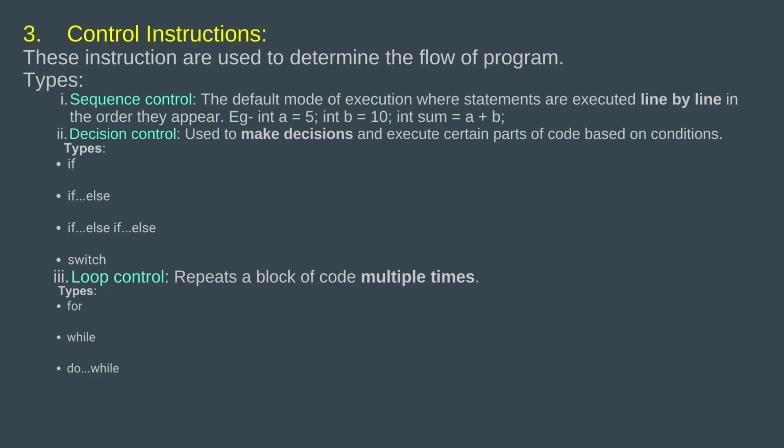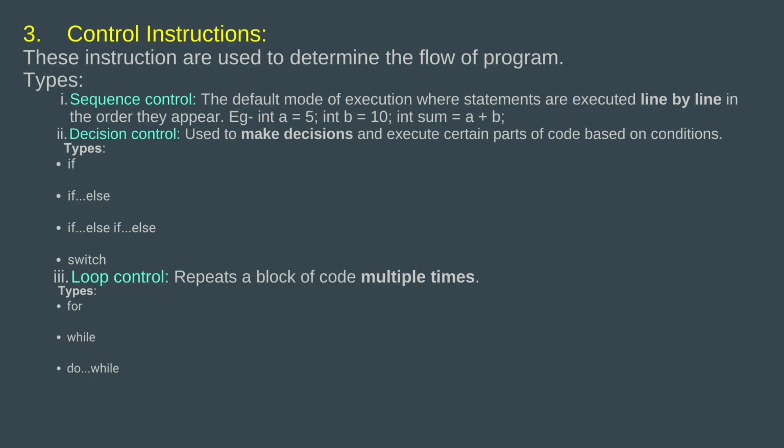If we look at the example here, first int a is getting declared and initialized with the value 5, and then int b is getting declared and initialized with the value 10. Then int sum is getting declared and getting the value a plus b. So this program follows the basic flow of code line by line and hence is under sequence control.